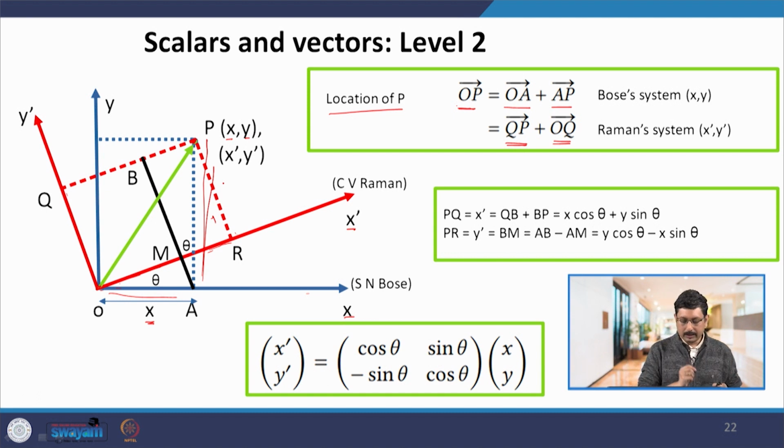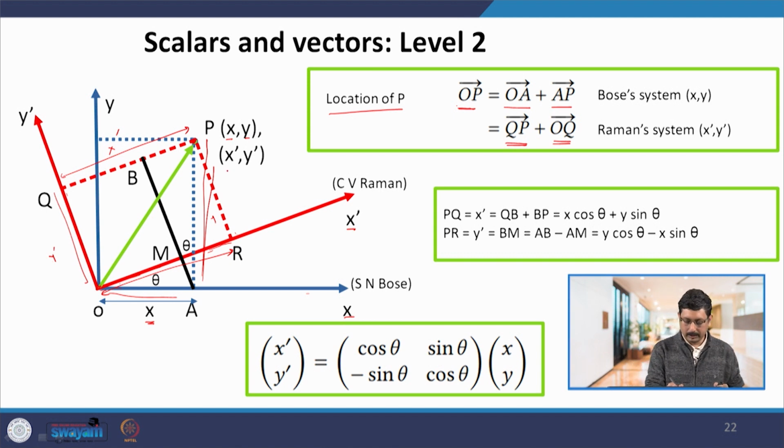So, in Raman's system, this length, either this or this, which are equal, is the x component of the coordinate of the location of point P, and this represents the y component.